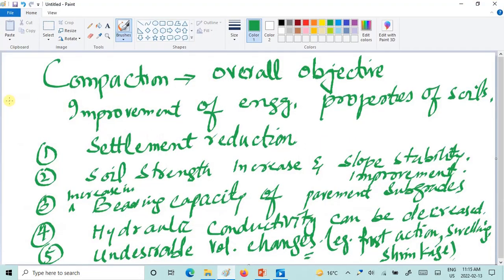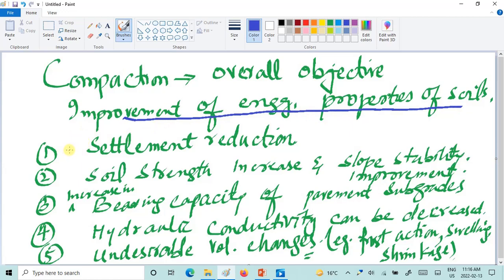I have written the overall objective of the compaction here: the overall objective of compaction is the improvement of engineering properties of soil.